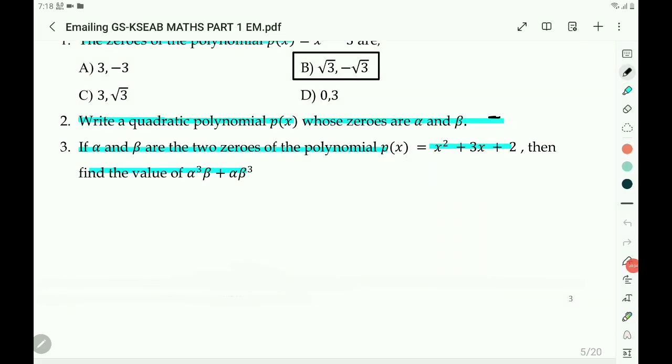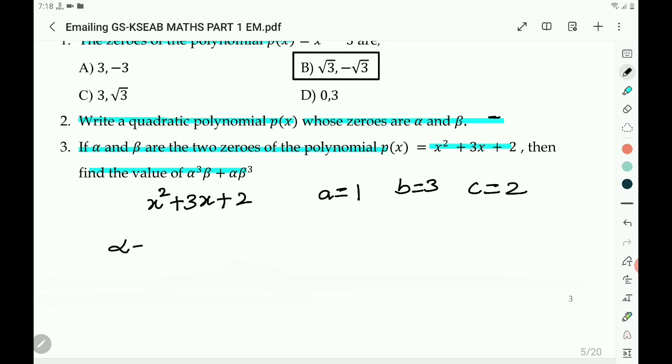Here you take the expression x square plus 3x plus 2. Here you write the values of a, b, c, because we have to find the value of alpha cube beta plus alpha beta cube. To find this we need alpha plus beta and alpha beta. Therefore write the values of a, b, c. a is the coefficient of x square, a is equals to 1, and b is the coefficient of x, b is equals to 3, c is equals to 2.